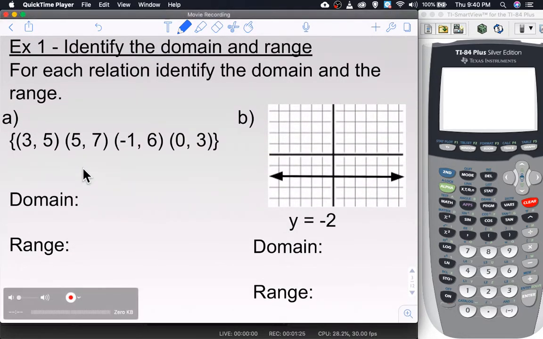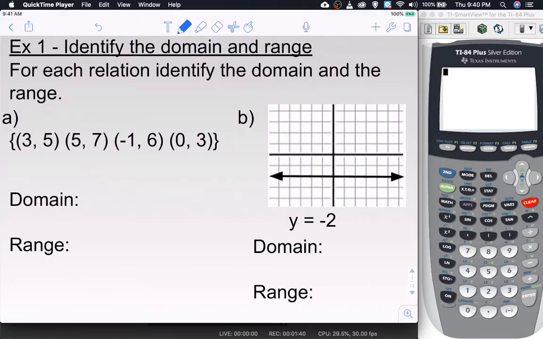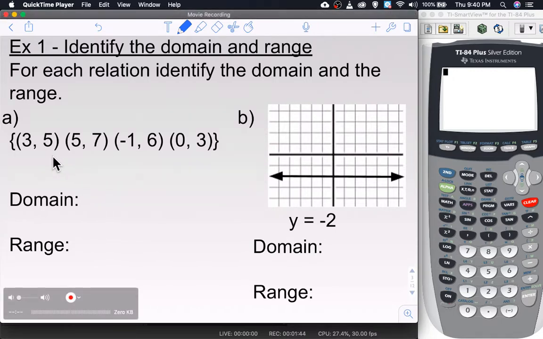So from here, like example A, we want to identify for each of these problems the domain and the range. So here, we are given 4 points. That's all we're given. We're not given an equation, or a table or a graph or anything. It's just these 4 points. So our domain is just what are the x values from these 4 points.